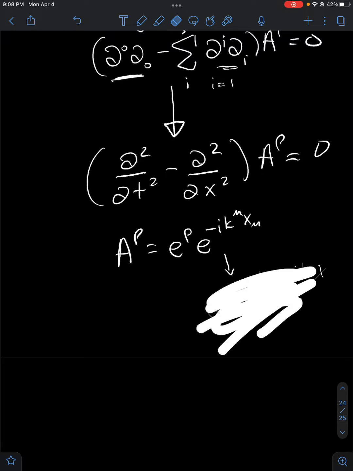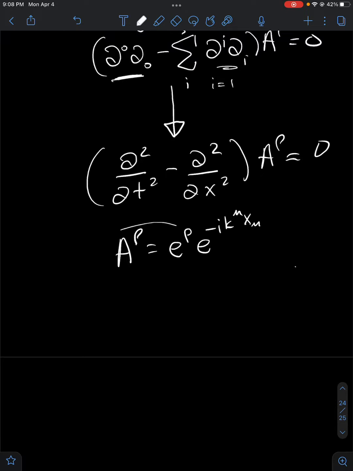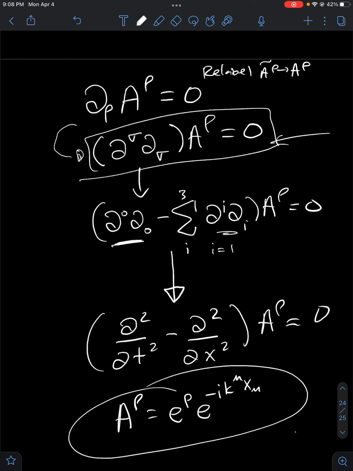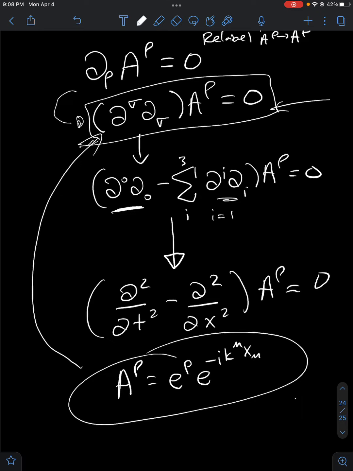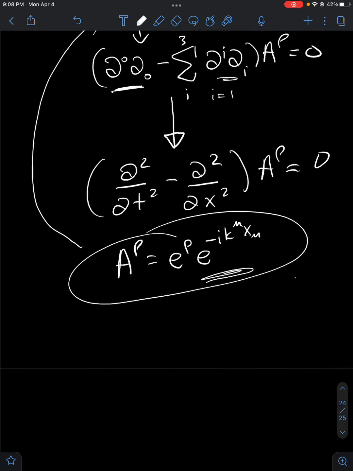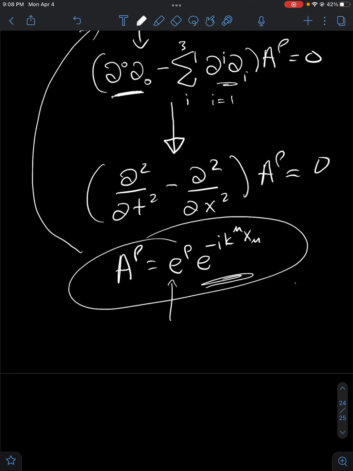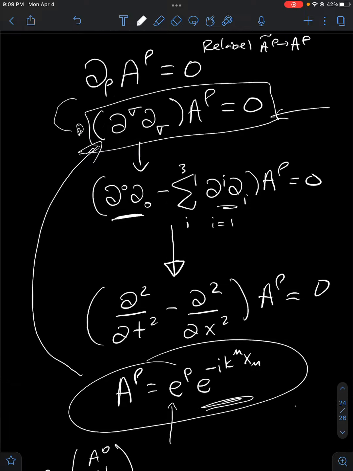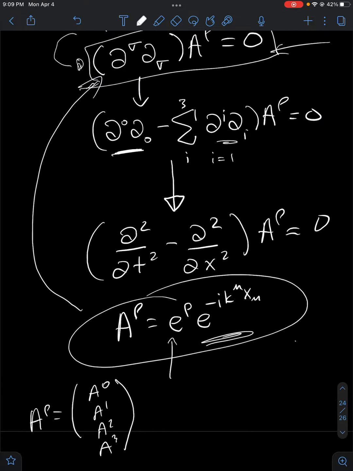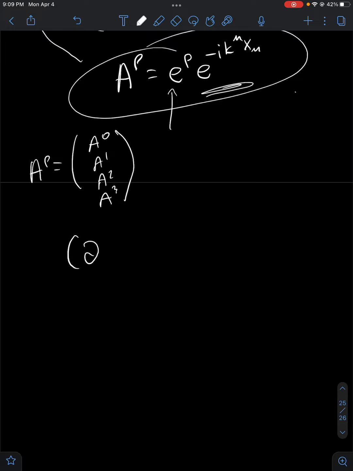So we can use this as an ansatz, since this is just the Klein-Gordon equation, and we know that the equation is built off of plane waves. We can then put in our polarization vector over here. Also want to note that A rho is a 4-vector, so technically speaking each component satisfies the Klein-Gordon equation. So we can check that this is indeed a solution by just putting it in our Klein-Gordon equation.